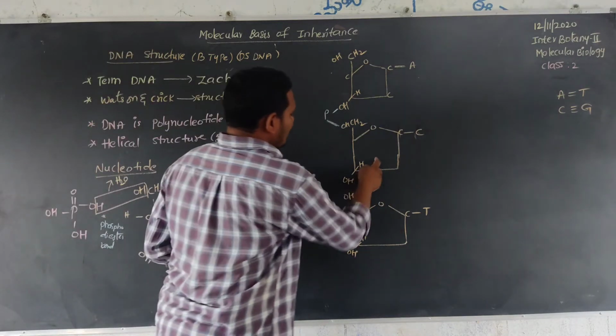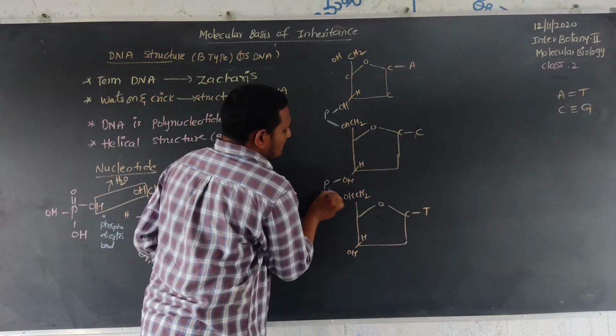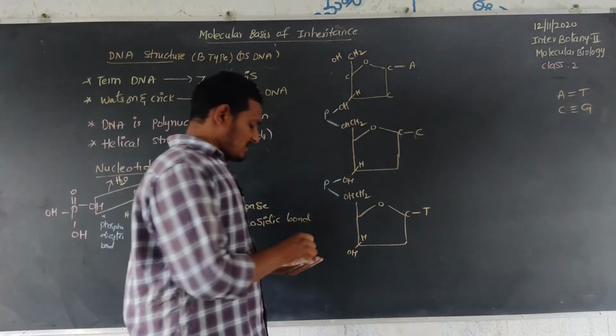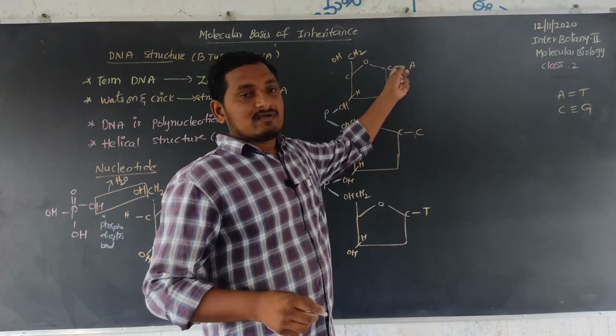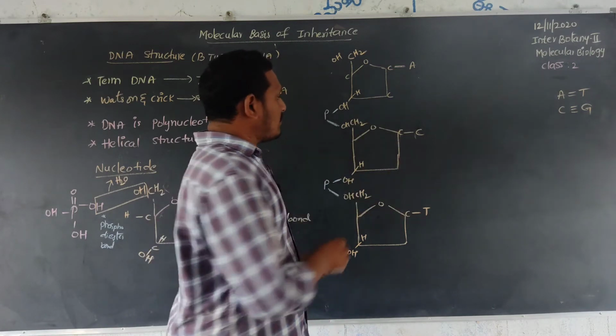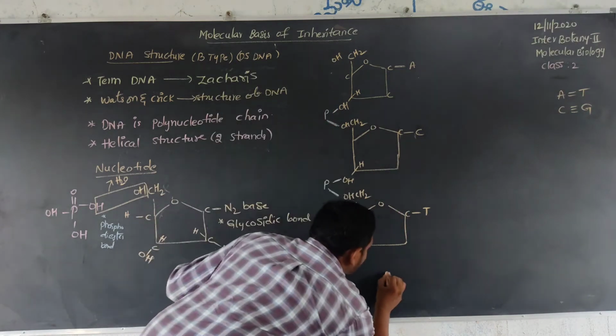Next, the previous nucleotide is connected with the phosphate group. The phosphate group is connected with the CH2OH of the fifth carbon by the phosphodiester bond. Here one more bond is present between the nitrogen base and pentose sugar, that is the glycosidic bond. Here the glycosidic bond, here the glycosidic bond, and one more.